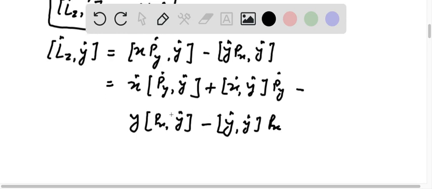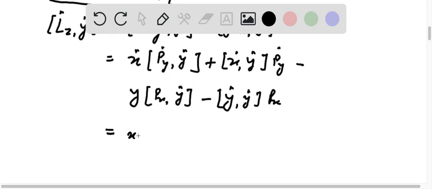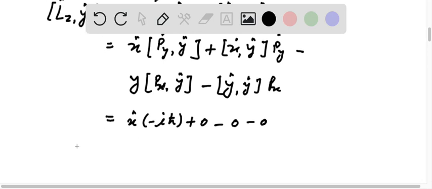Now we know that [py, y] is minus iħ, and the others are 0, and [px, y] is also 0, and this is also 0. So that means [Lz, y] is minus iħx.